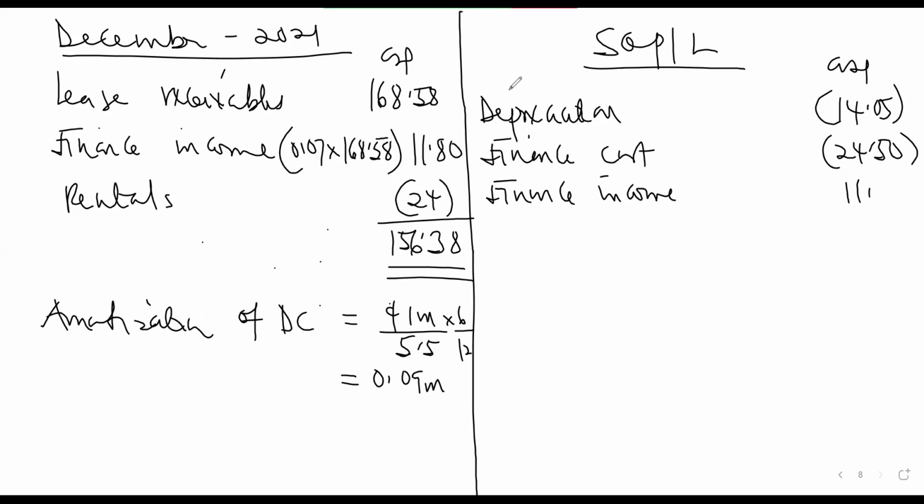So we have a finance income of 11.80, which is the receivables. Then we also count the direct cost portion, the one that we are amortizing. That will be 0.09.